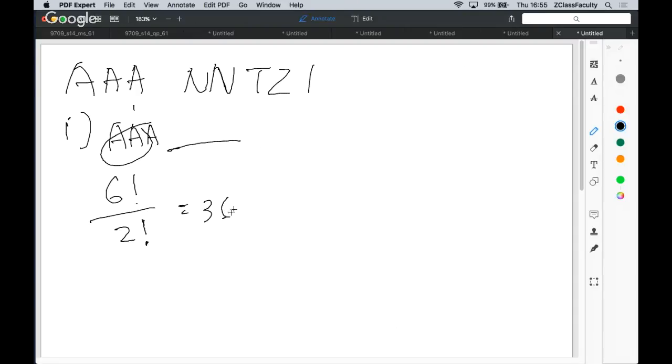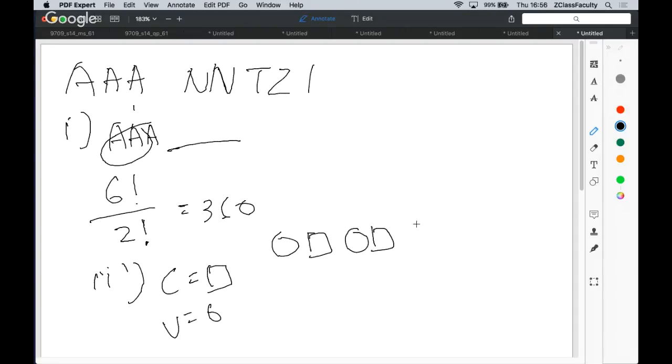Okay, so the next part. I'm going to say the consonants are 1, 2, 3, 4, and this is 5. So 4 times 3 times.